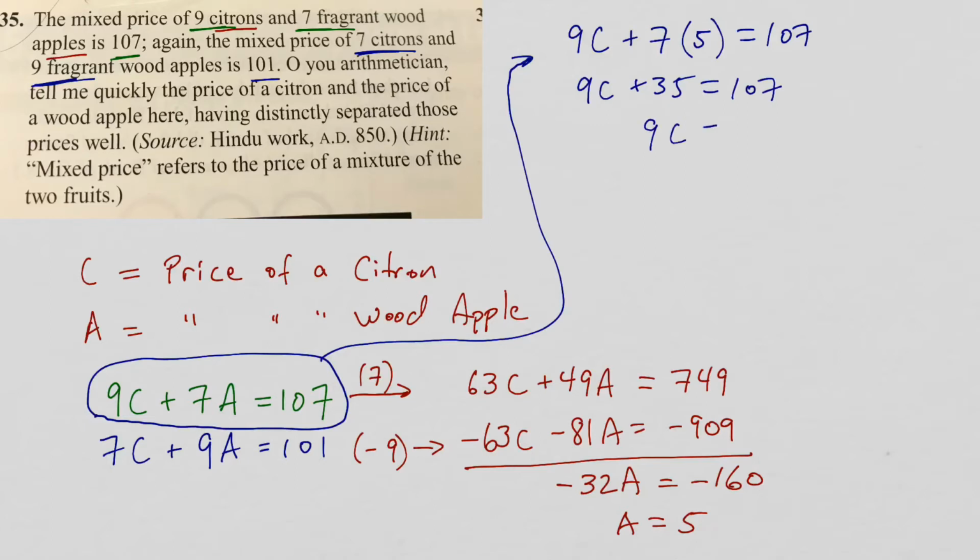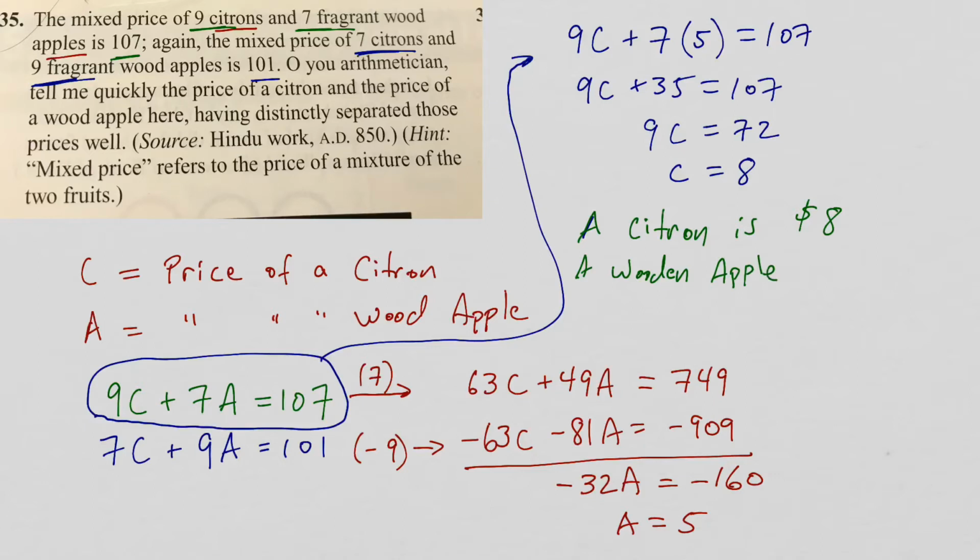So 9C is equal to 72. So C is equal to 8. So our answer is a citron, let's put this in green, a citron is $8. A wood apple is $5.